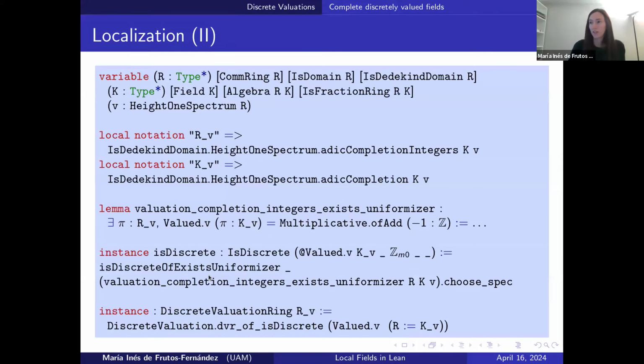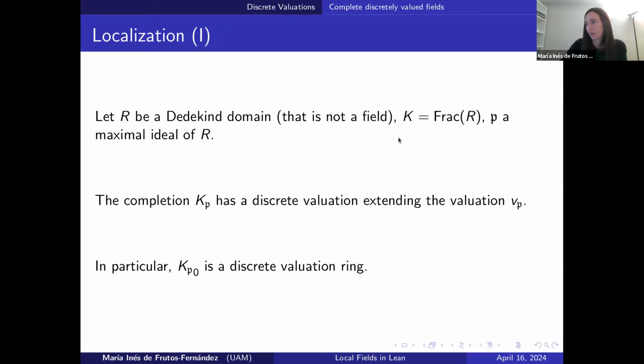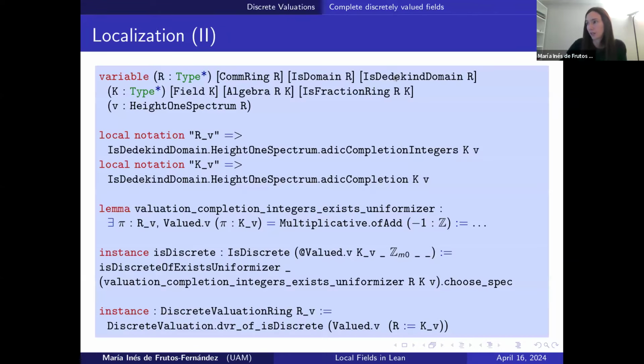So let me show you a little bit what the code for this looks like in Lean. Here I'm setting up the variables from the previous slide. R is a Dedekind domain.